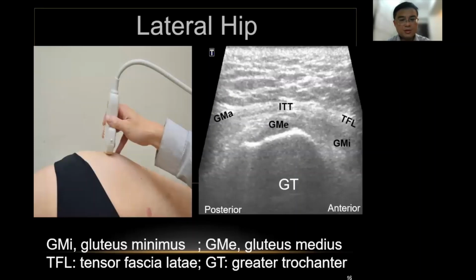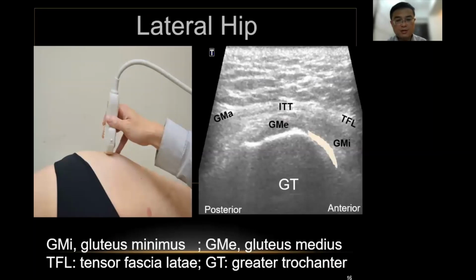So in patients with lateral hip pain, there are several structures that we have to consider. For example, for the tendinous structure, we have to consider the gluteus minimus and the gluteus medius. And there are three bursas besides the tendon of the lateral hip.